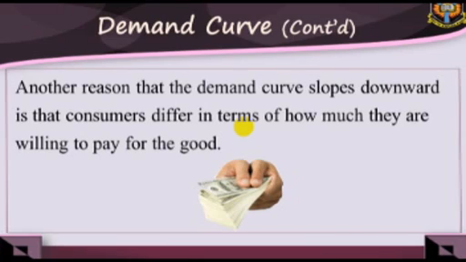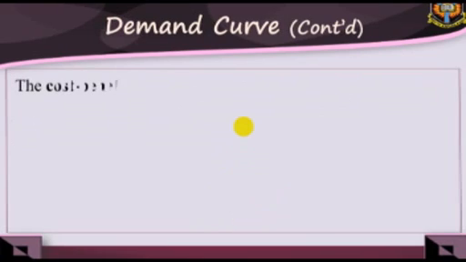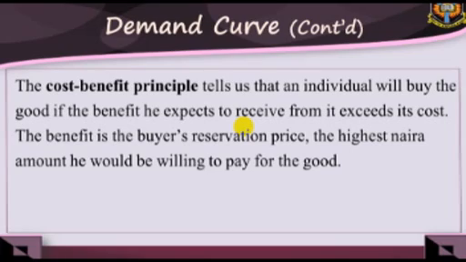Another reason that the demand curve slopes downward is that consumers differ in terms of how much they are willing to pay for the good. The cost-benefit analysis tells us that an individual will buy the good if the benefit he expects to receive from it exceeds cost. The benefit is the buyer's reservation price, the highest naira amount he would be willing to pay for the good.